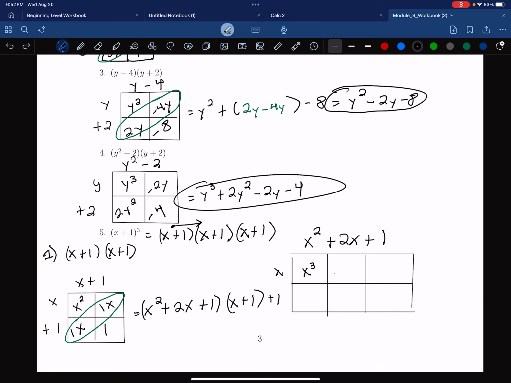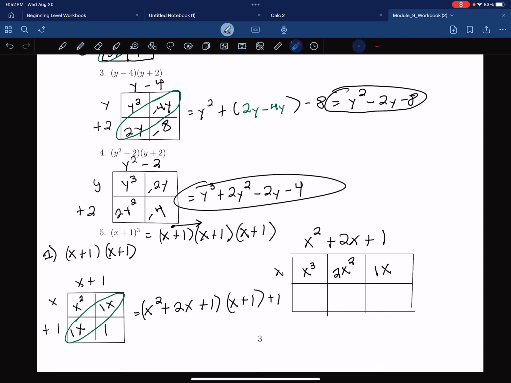So we're going to bring out that 2 in front. And x times x, remember, that is x squared. And then looking at this box here, we have an x times positive 1. So that is going to be 1x.